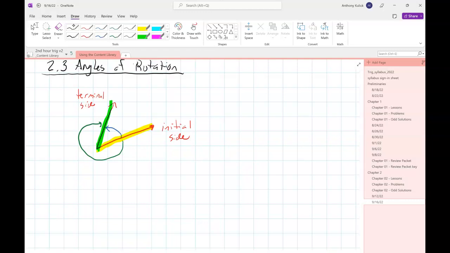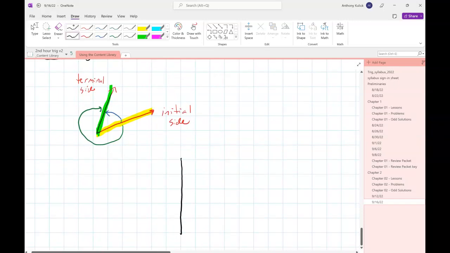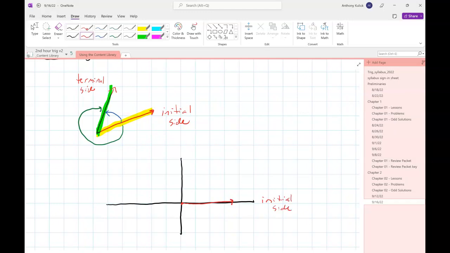So what I'm going to do now is imagine that for any angle measure, I can embed that onto the XY axis. And I can always place the initial side on the positive x-axis.